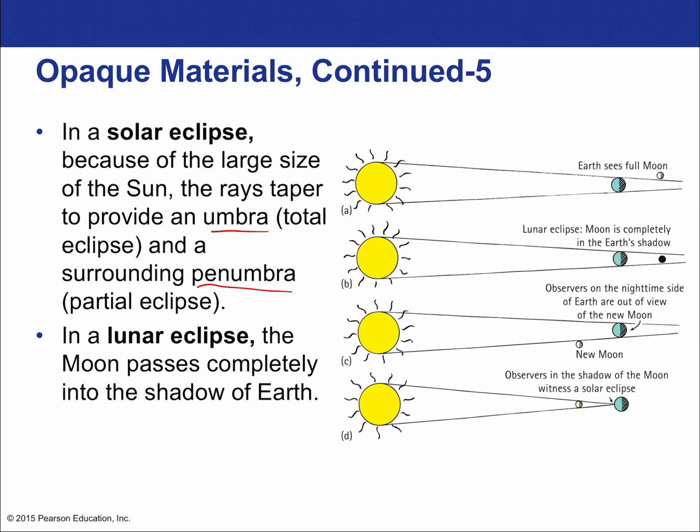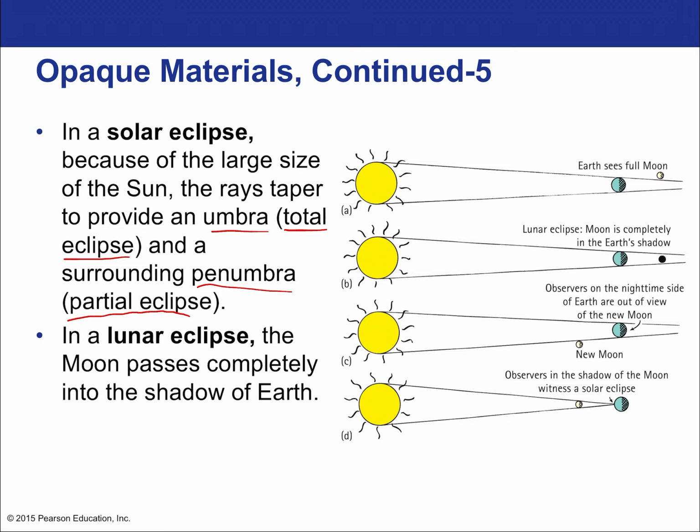So when people talk about being in the path of a partial eclipse, that's because they're in the penumbra of the shadow cast by the moon on the surface of Earth. If you are in the path of totality, which is the total eclipse, that means you're in the much smaller umbra. So for comparison, the umbra cast by the moon during a typical solar eclipse is about 70 to 150 kilometers in diameter, whereas the penumbra is about 1,500 to 2,800 kilometers in diameter.